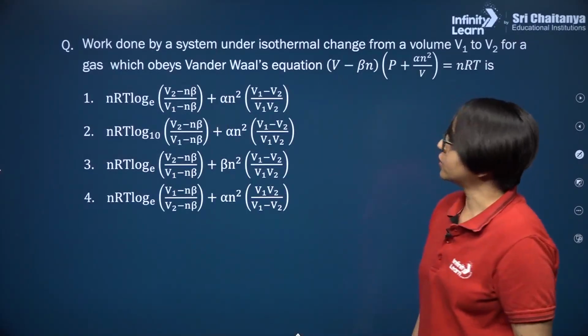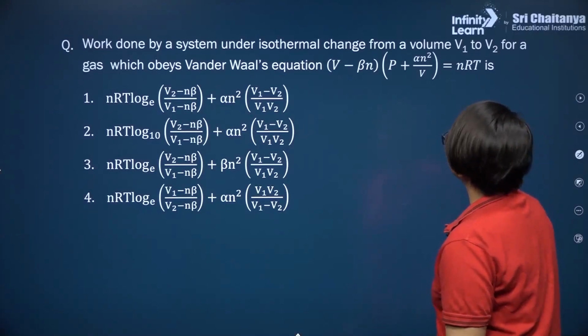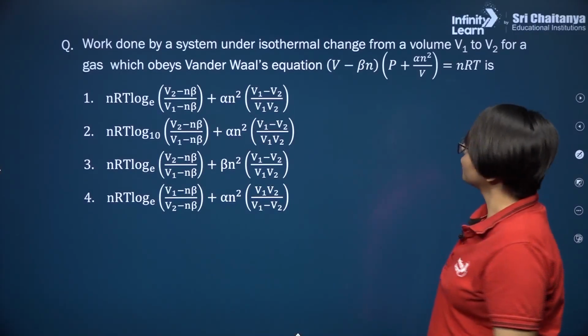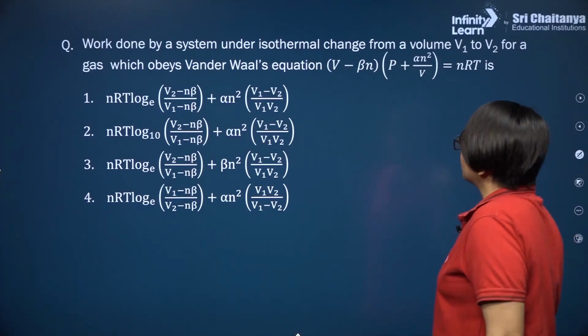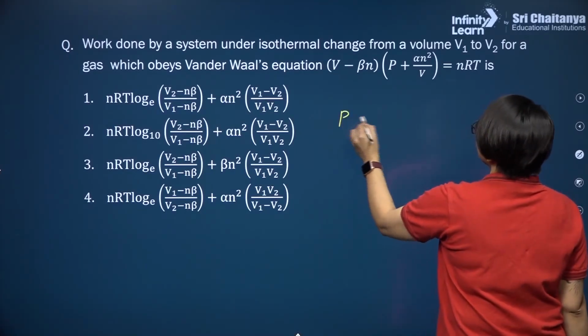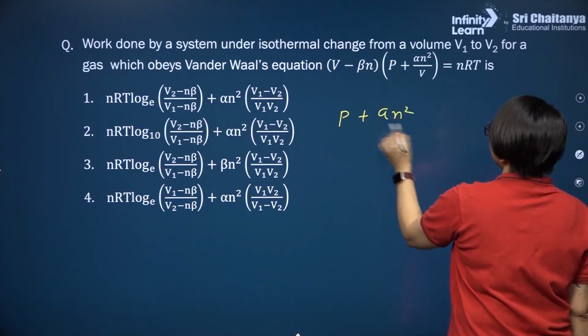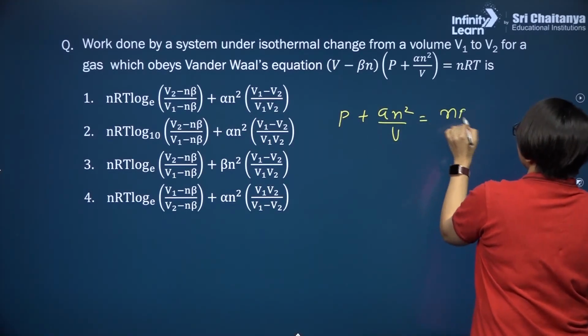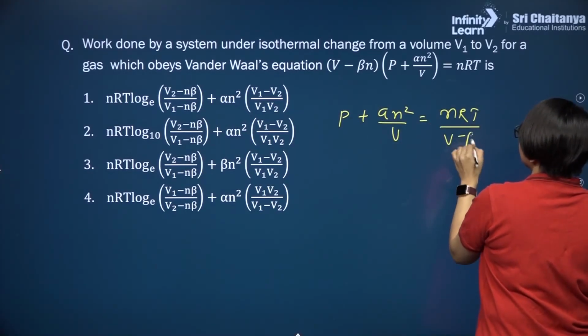Next is work done by a system under isothermal change from volume V1 to V2 for a gas which obeys the van der Waals equation is this much. So, basically we have P plus A n square upon V square as nRT divided by V minus beta n.